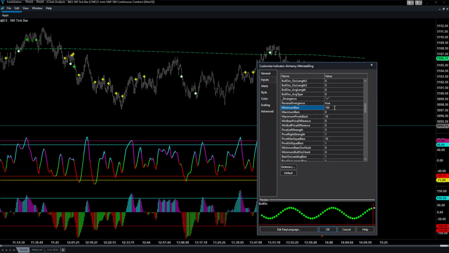This is the number of bars between pivots. So 100, 500 tick bars is, of course, 50,000 ticks. And actually, that's not that much, not in a fast-moving market. But if you go much above this, you're going to considerably reduce the number of signals, even to the point where you may not get any at all.